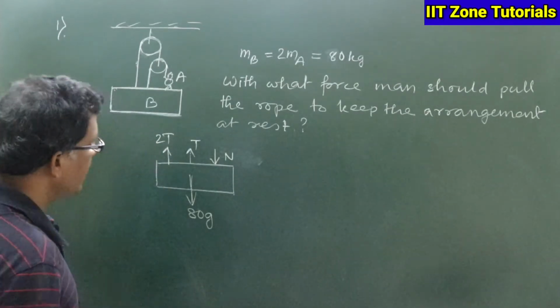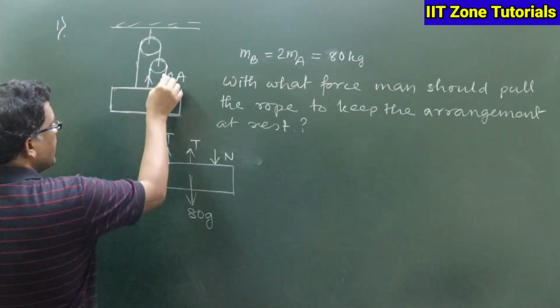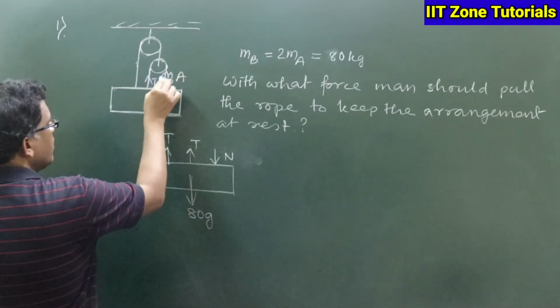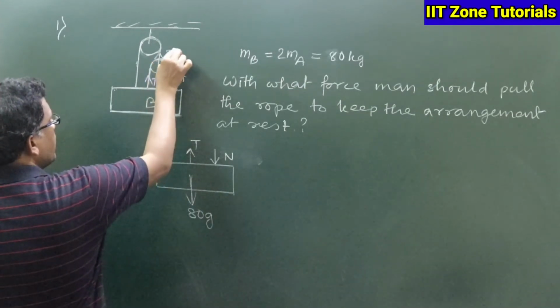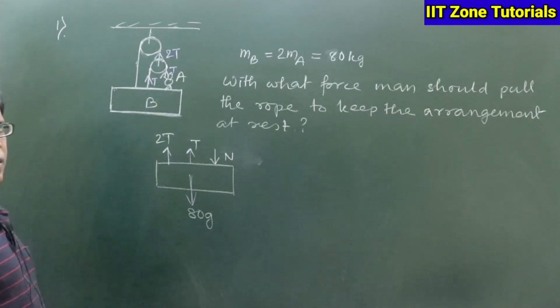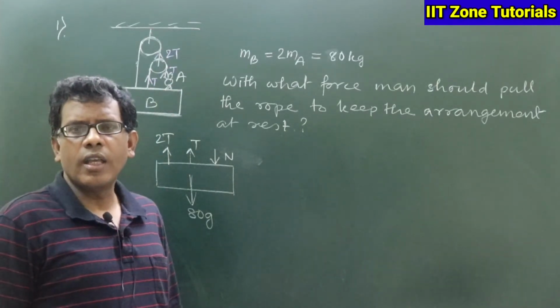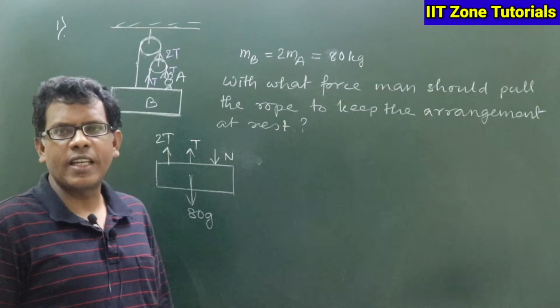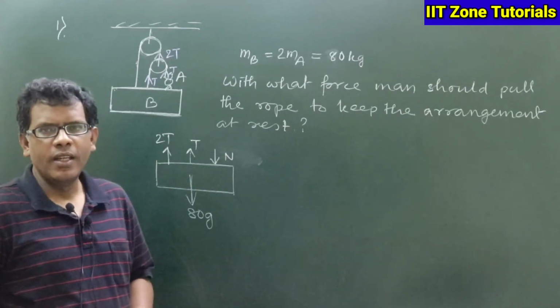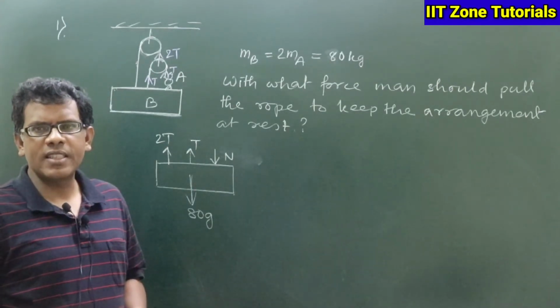If I say T is the tension in these two parts, then this part will be 2T, as we discussed in the previous class, that in the case of a light pulley there must be equal balancing forces.